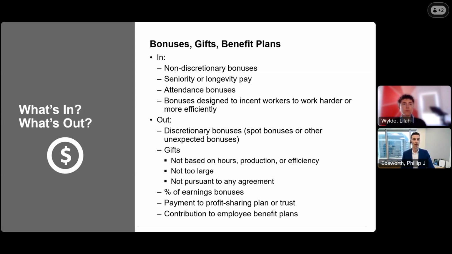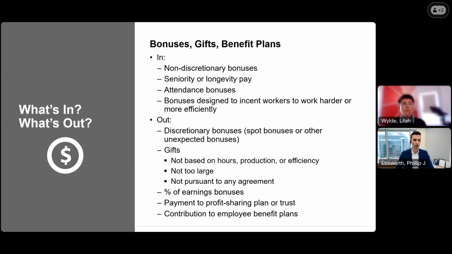Now, this is a whole other topic that we don't have time for today, but this is a really good way of providing employees bonuses without having the regular rate complications, if you base your bonuses on a percentage of earnings rather than any other kind of metric. And again, that's the same logic, because they've already received the regular rate pay. You don't need to include it again in the calculation to calculate the regular rate.